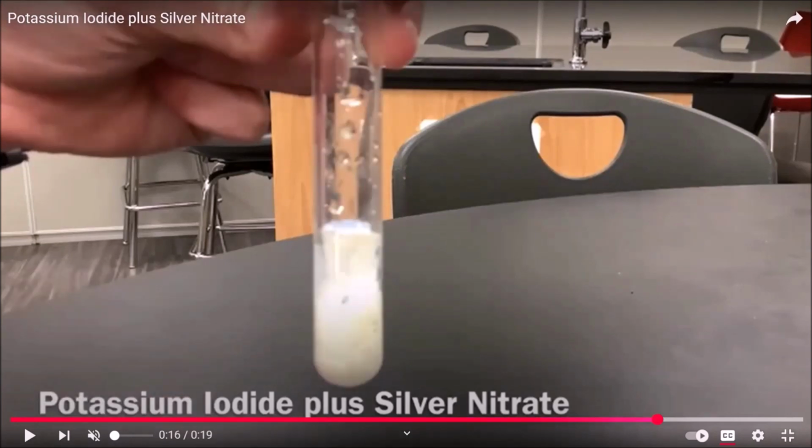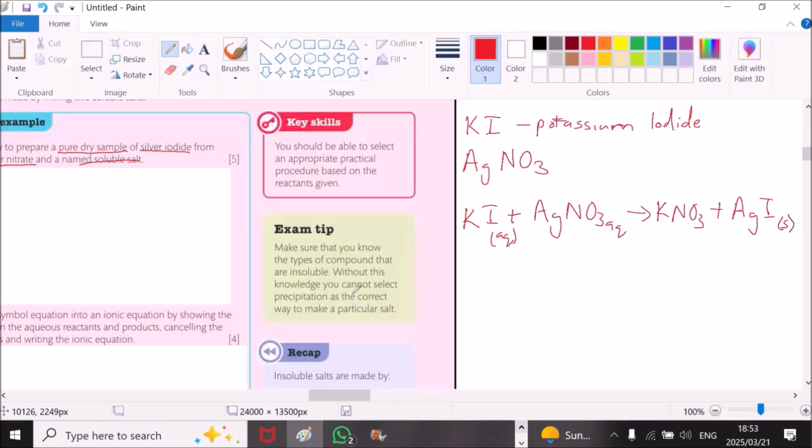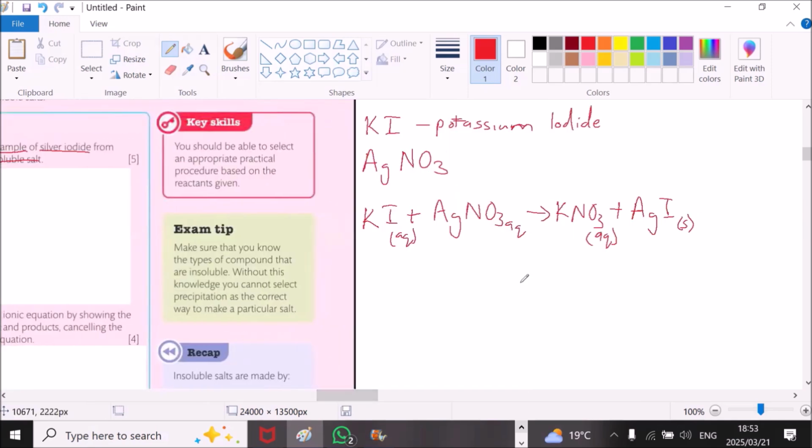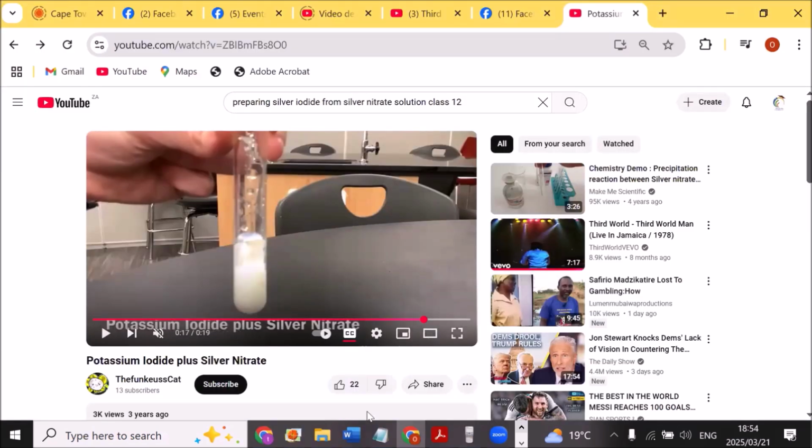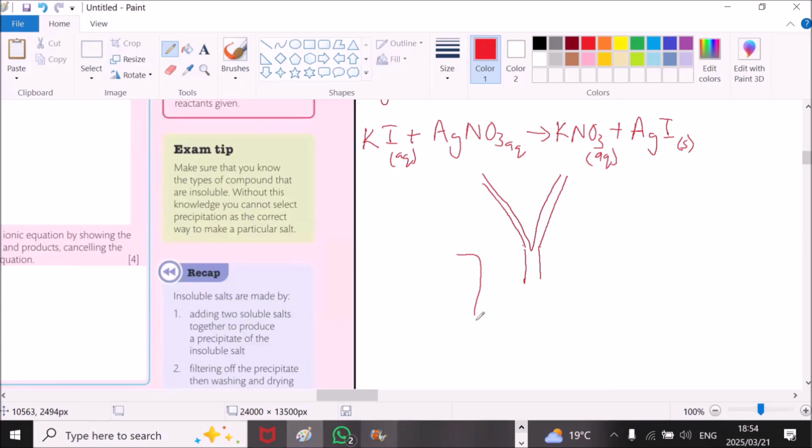Then, since the precipitate is a solid, we will use a filter paper. What we have now is potassium nitrate in solution, so we'll say it's aqueous, and silver iodide as a solid precipitate. We will take a funnel and a filter paper, then pour this mixture of potassium nitrate and silver iodide and filter it.